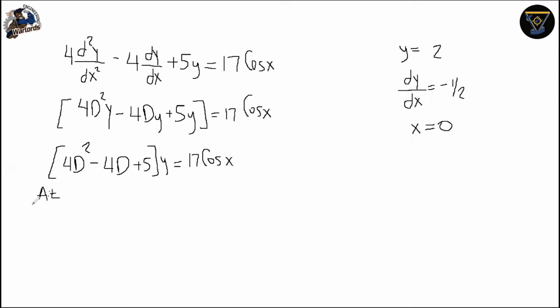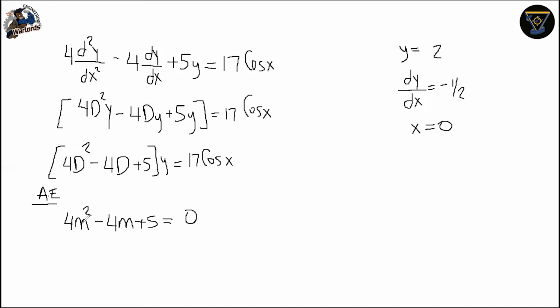Remember that there's something called your auxiliary equation. So what you need to do now is change the d's to m and equate it to 0. So you have 4m squared minus 4m plus 5 equals 0. Next we need to find m.